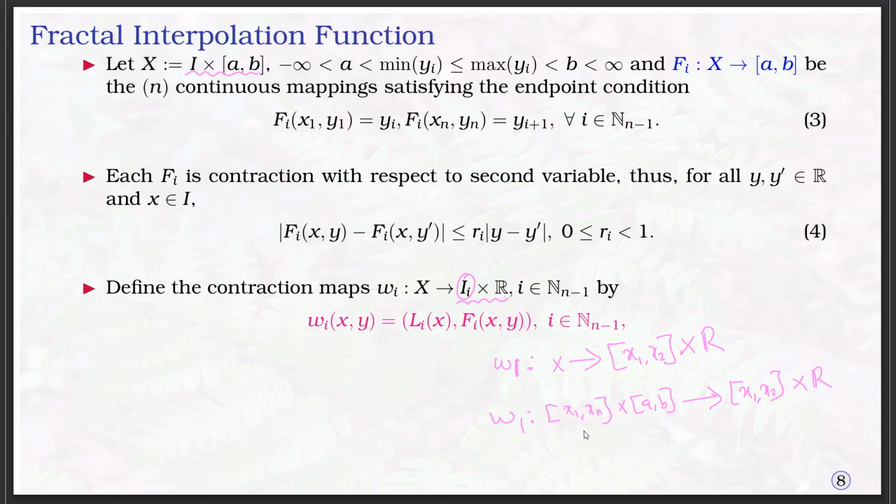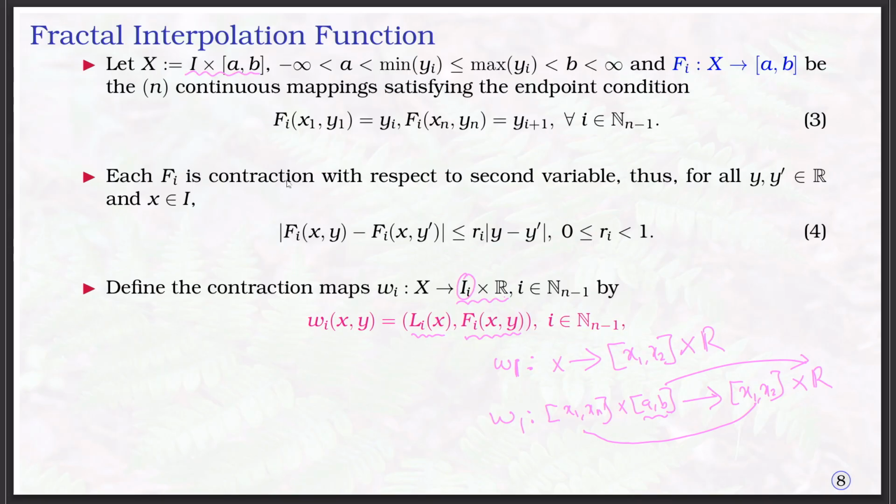That means the whole interval is compressed to the subinterval. Li controls the horizontal direction; it maps x1 to xn to this interval, and the map Fi controls the vertical direction, mapping to a subset of R, so that Wi maps the whole rectangle to the sub-rectangles.